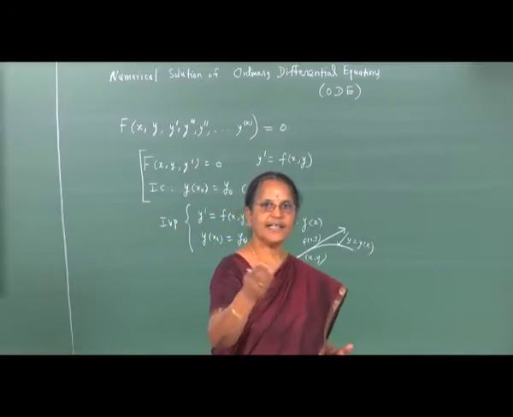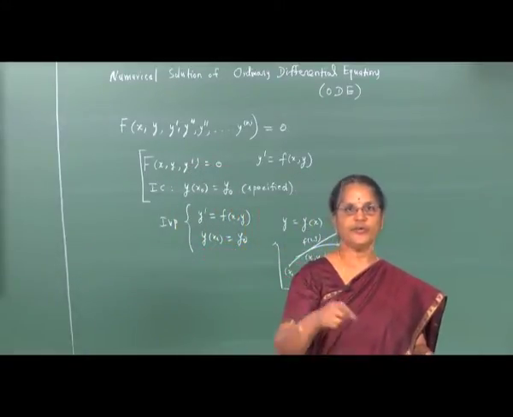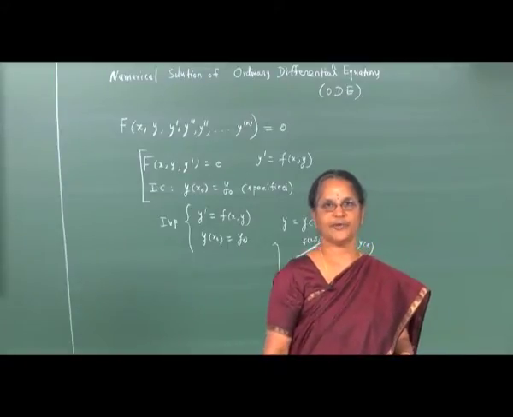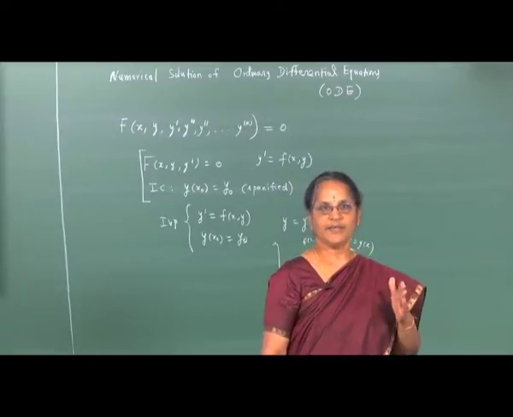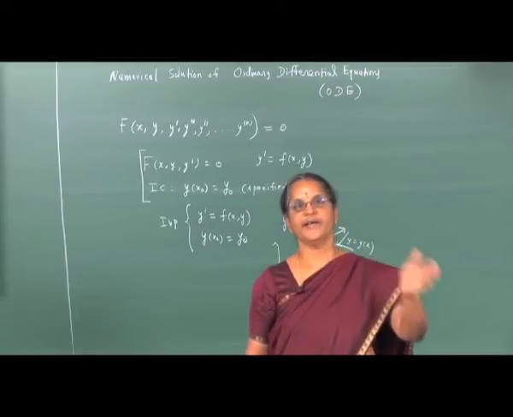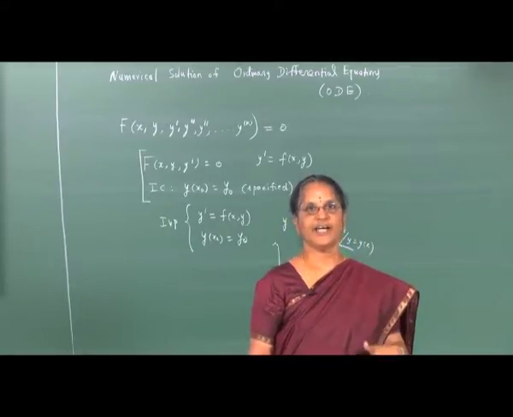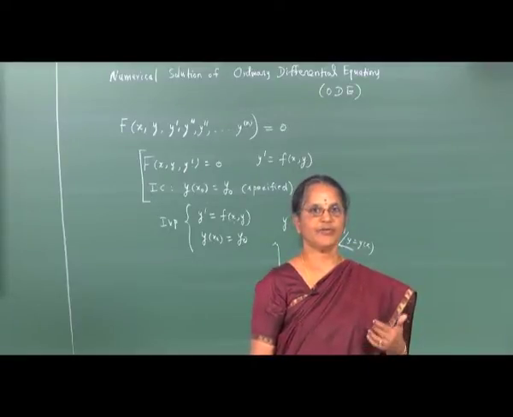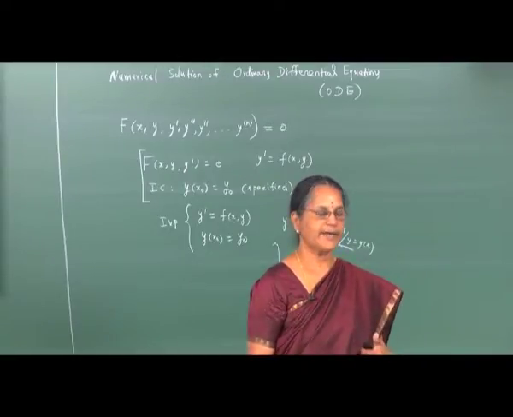So, as I said earlier, we are going to look for numerical solution of this differential equation. It is not possible to get a continuous solution by the methods that we are going to develop when we want to get the solution numerically.